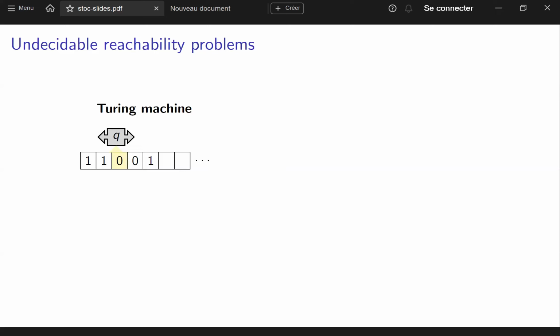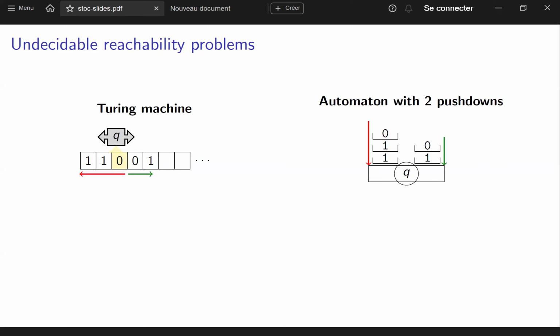So this is a classical example of an undecidable reachability problem. Then the Turing machine can be simulated by an automaton with two stacks. The idea is that the part of the tape to the left of the head is stored in one stack, and the part to the right is in the other stack. So the reachability problem is undecidable with two stacks.